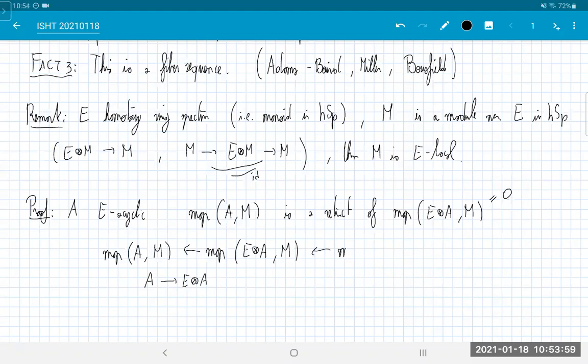And here you can just tensor by E by functoriality and then multiply. No. Wait 1 second. No, I'm doing it in the wrong direction.